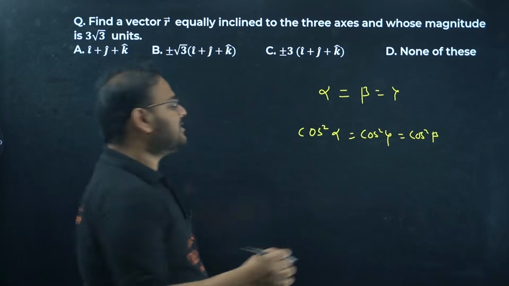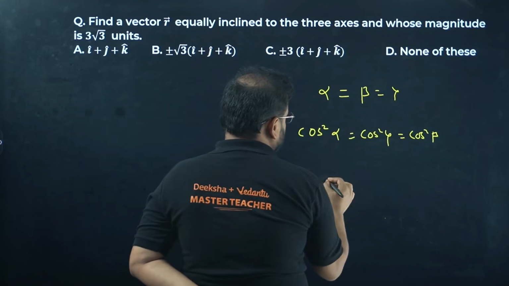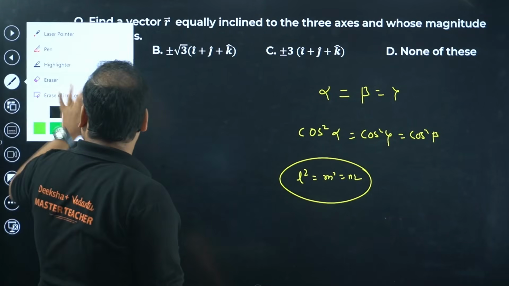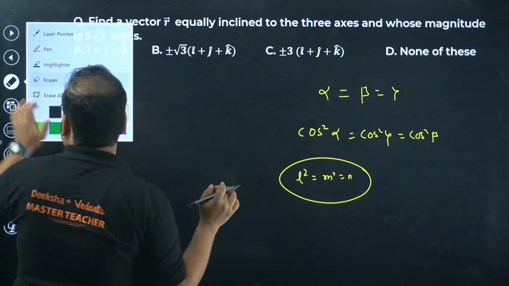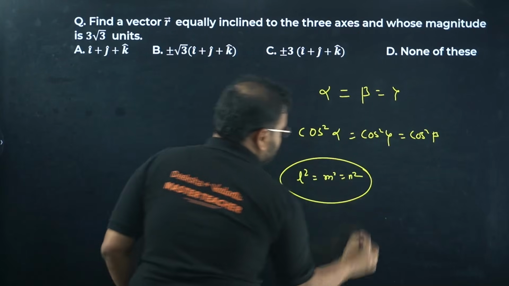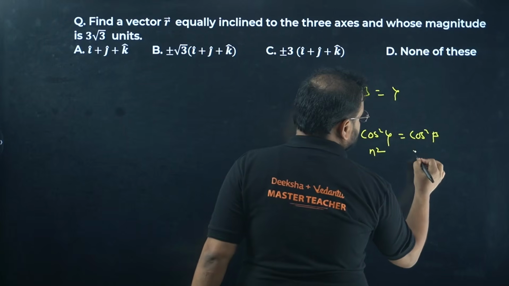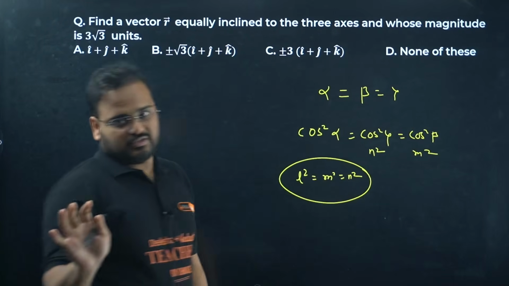So basically what it means is L square is equal to M square is equal to N square. Okay, this value is your N square. Actually this is your M square, just to make it clear, so there's no confusion about that.